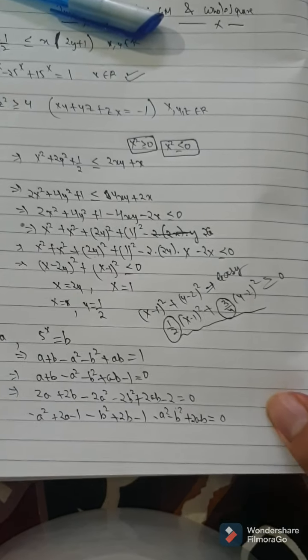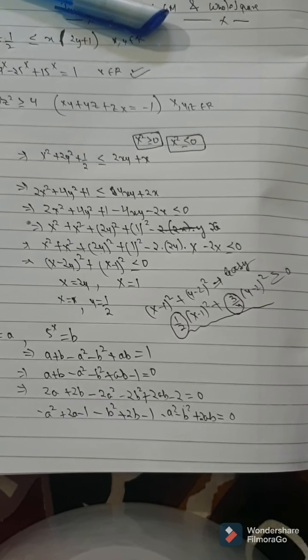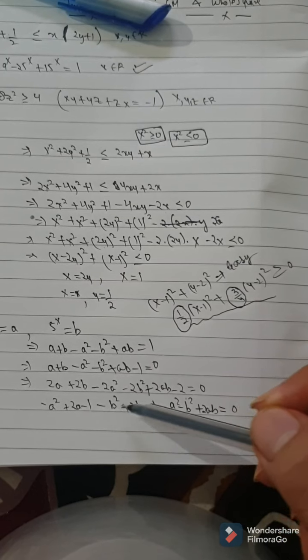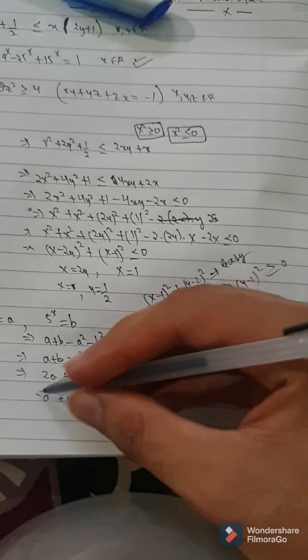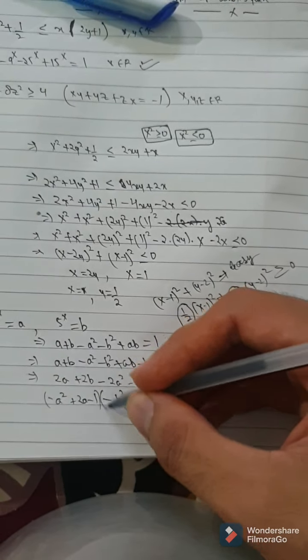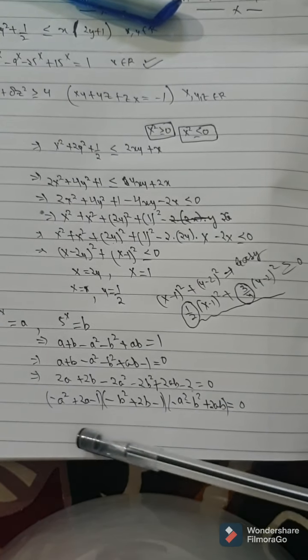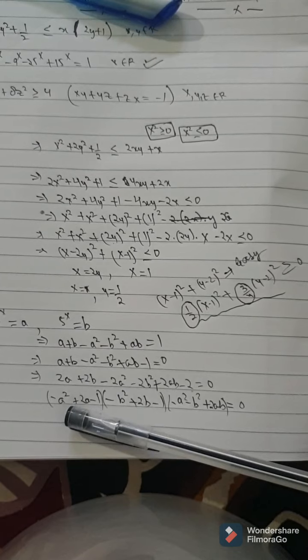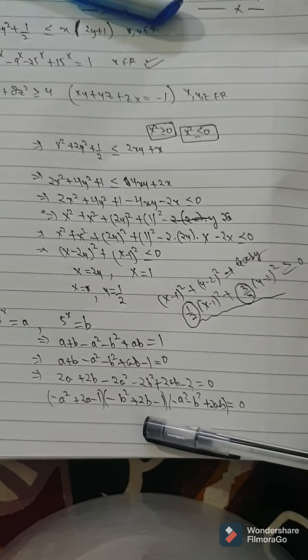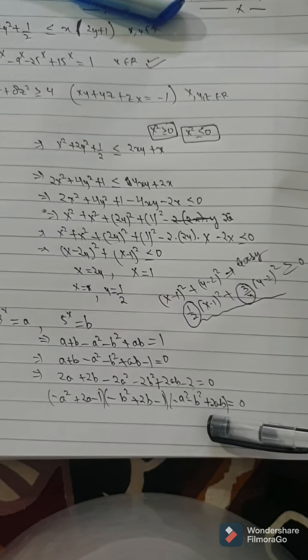Now observe this and club it like this. This is negative of (a minus 1) square, this is negative of (b minus 1) square, and this is negative of (a minus b) square.